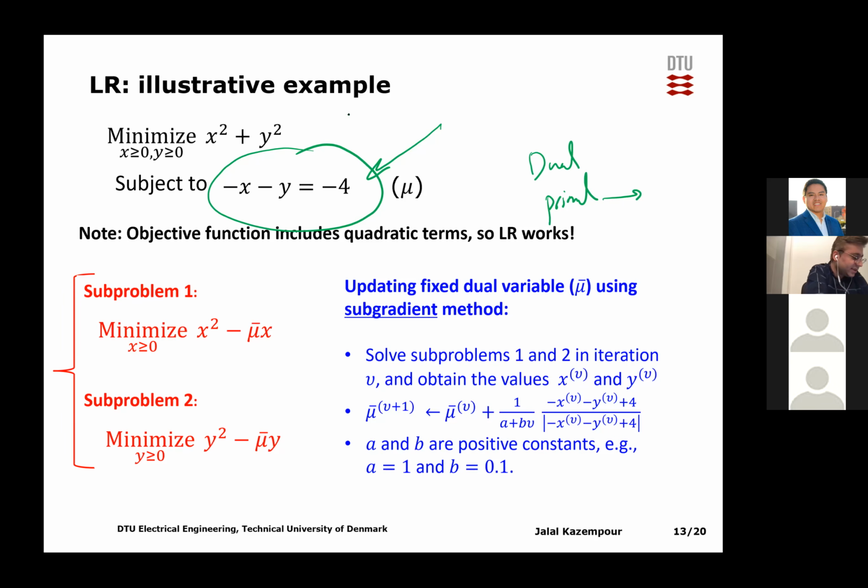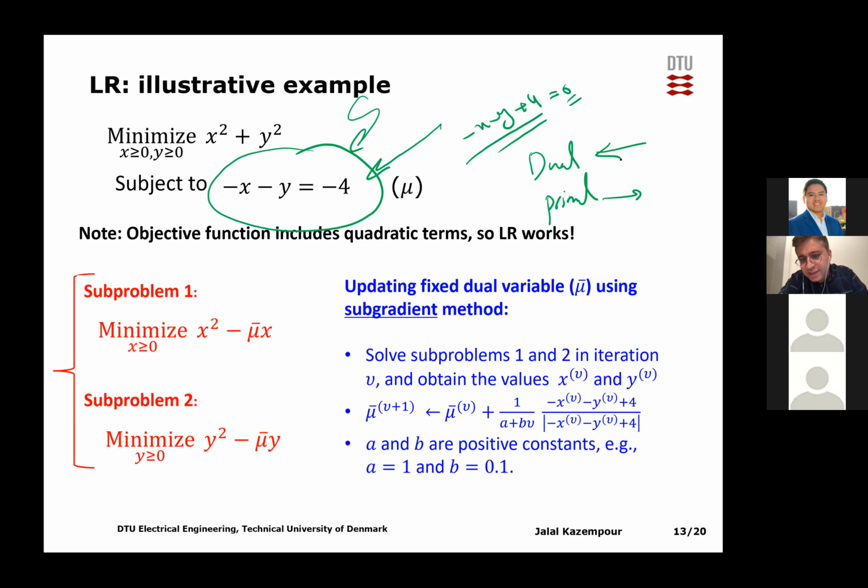So whenever this constraint holds or the residual is very, very low, it means that 4 minus x minus y, okay, it's not equal to 0, but I don't know, 0.00 something. Then we can say that we converged from the primal aspect. Also, dual means that we check the evolution of mu bar, and mu bar over the iterations should reach a certain value. It's not changing over iterations anymore.